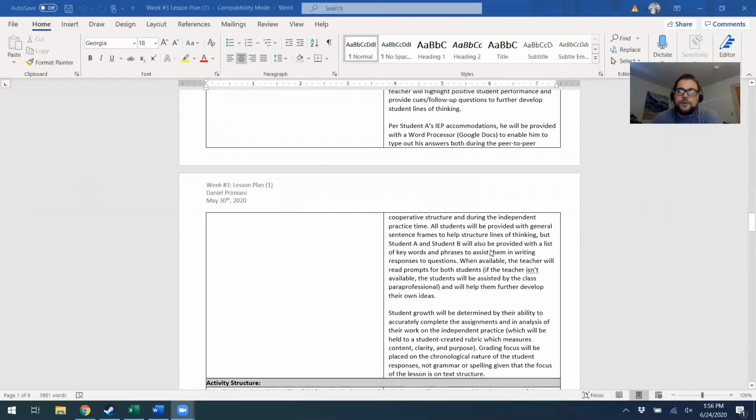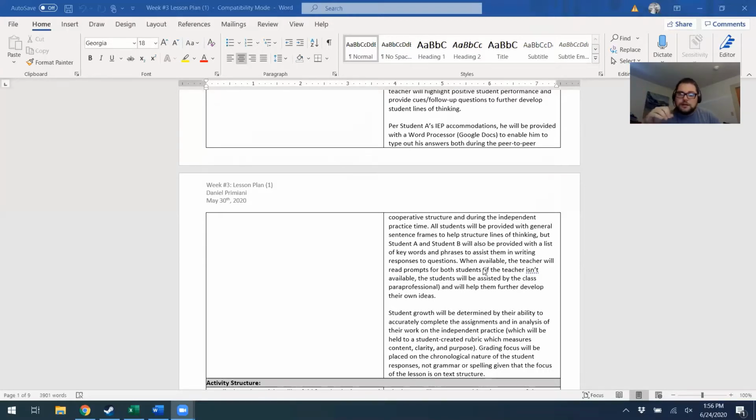All students will be provided with general sentence frames, but student A and B both will be provided with a list of keywords and phrases to assist them in writing responses to questions. The general sentence frame for the whole class might be, I think that, fill in the blank.